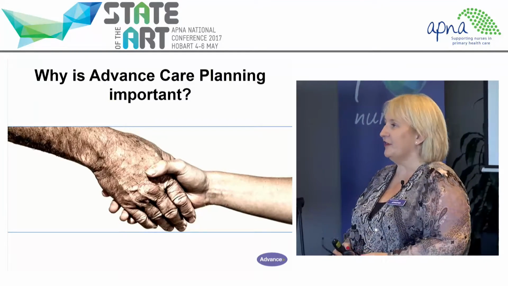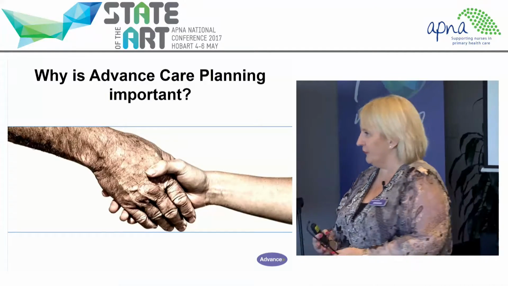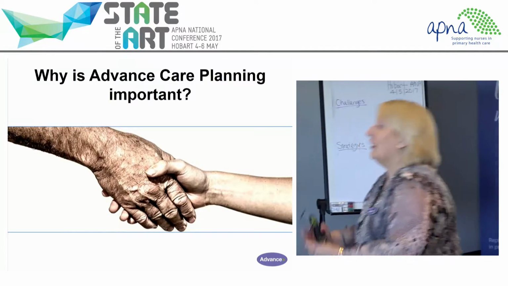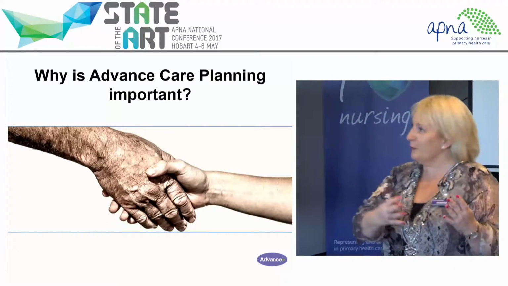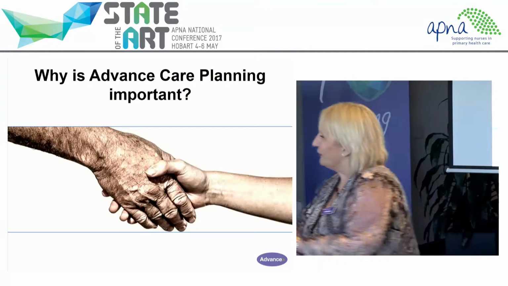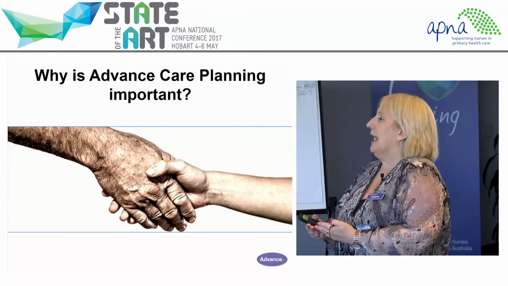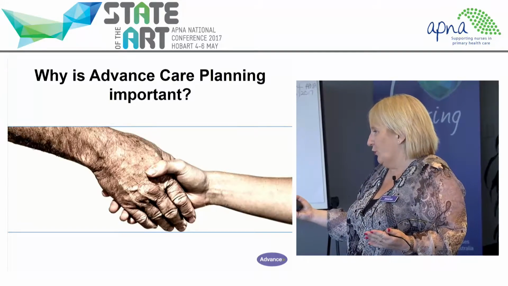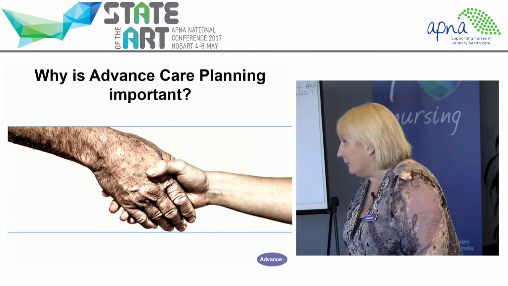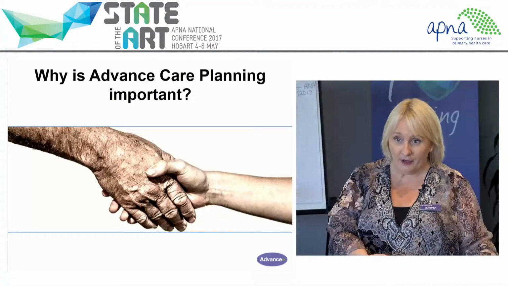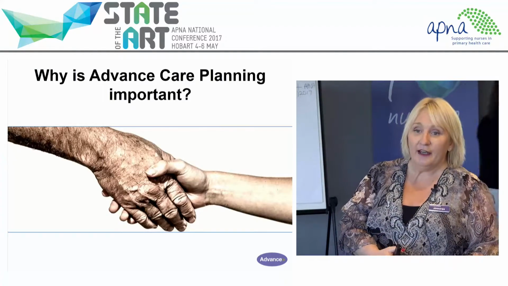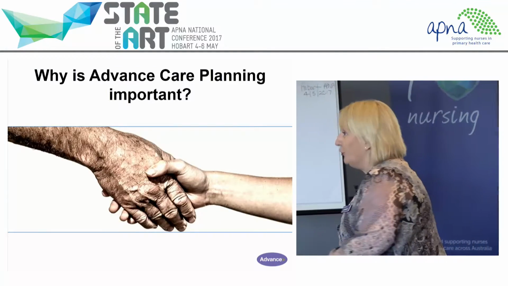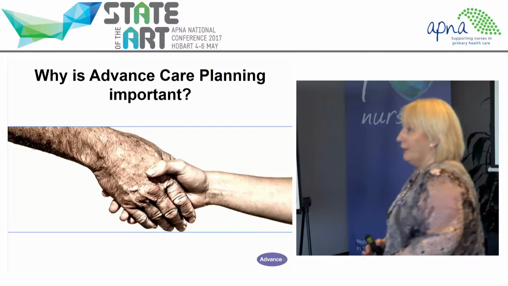They do, and by starting a conversation, one will lead to the other. So in actual fact, it's making everything a lot clearer and easier for people to follow. Yes, while they're alive, while you're enacting an advanced care plan, and then when they've gone. You'll get a lot more clarity with both.